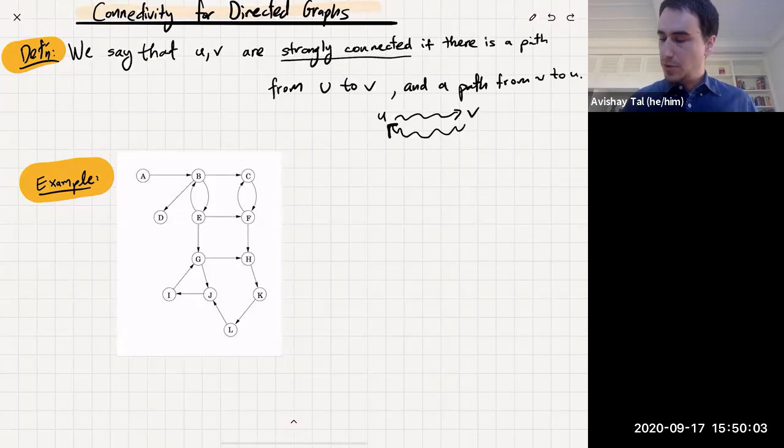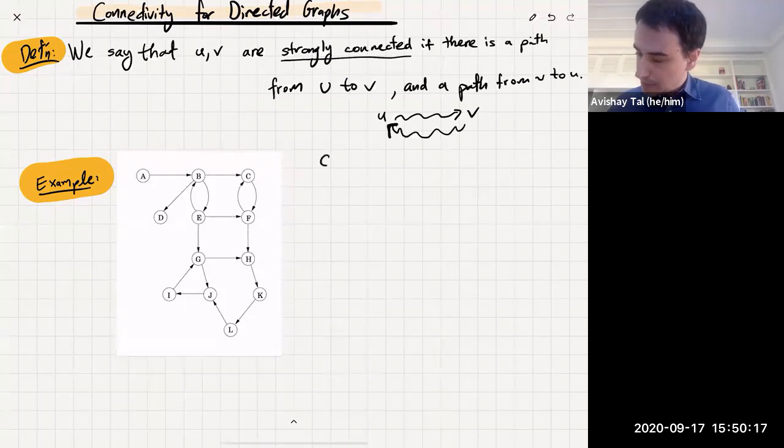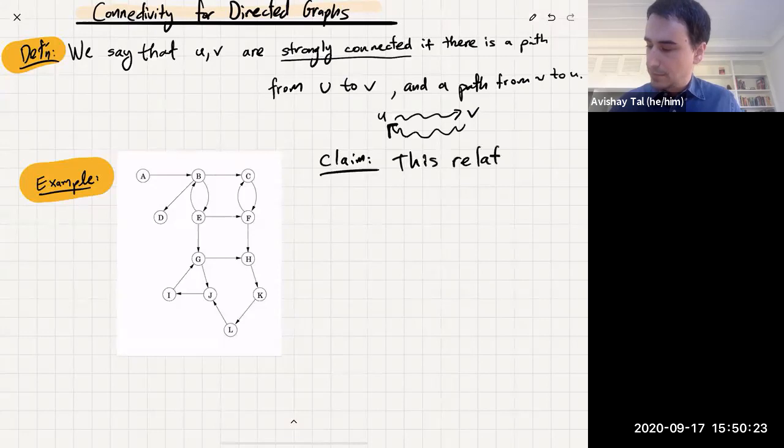So this is the definition of the relation. We say that two vertices satisfy this relation if there's a path from u to v and from v to u. The first thing that we notice is that this relation is an equivalence relation.